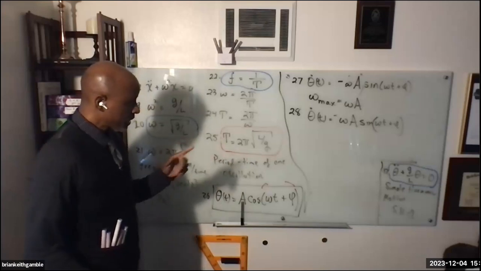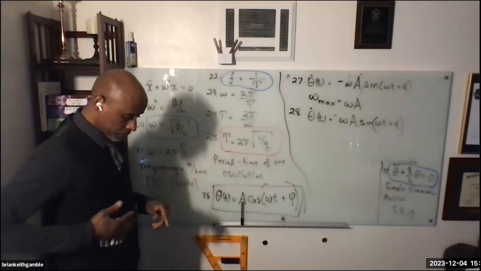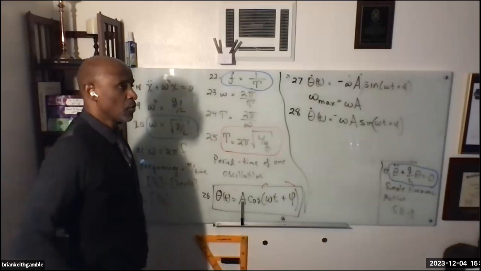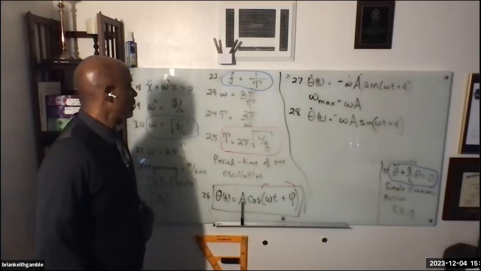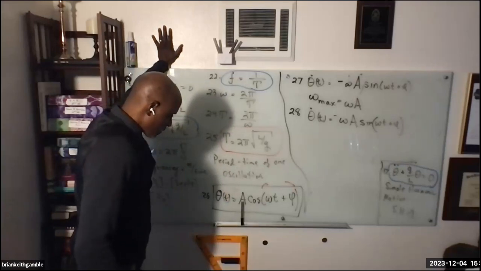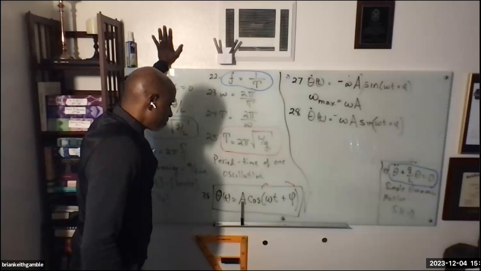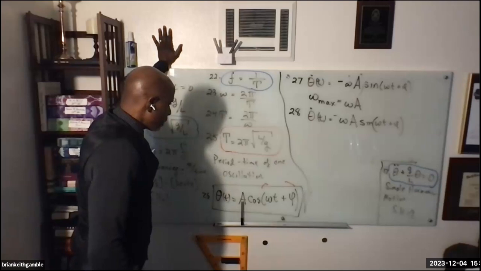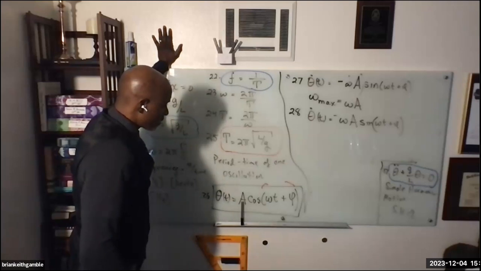That minus sign indicates that phase shift by, I guess it would be a quarter angle out of phase. I'm going to graph all the functions in a minute, and you'll see what I mean, how that manifests graphically.